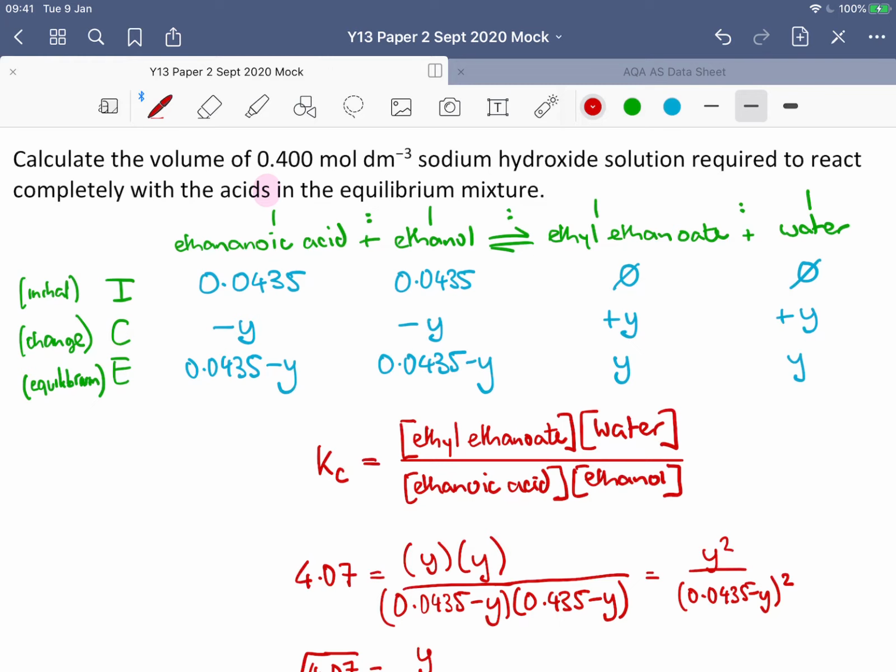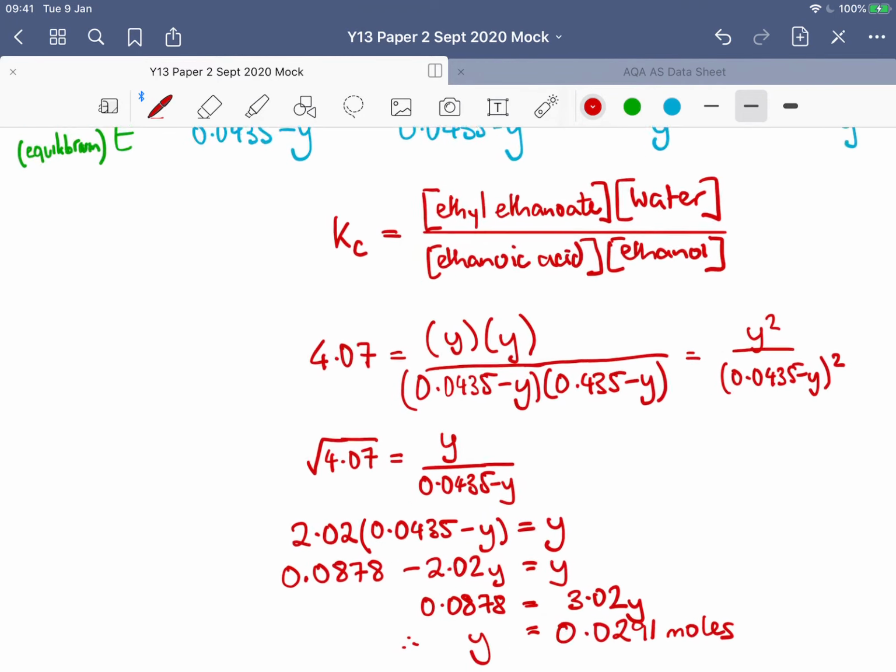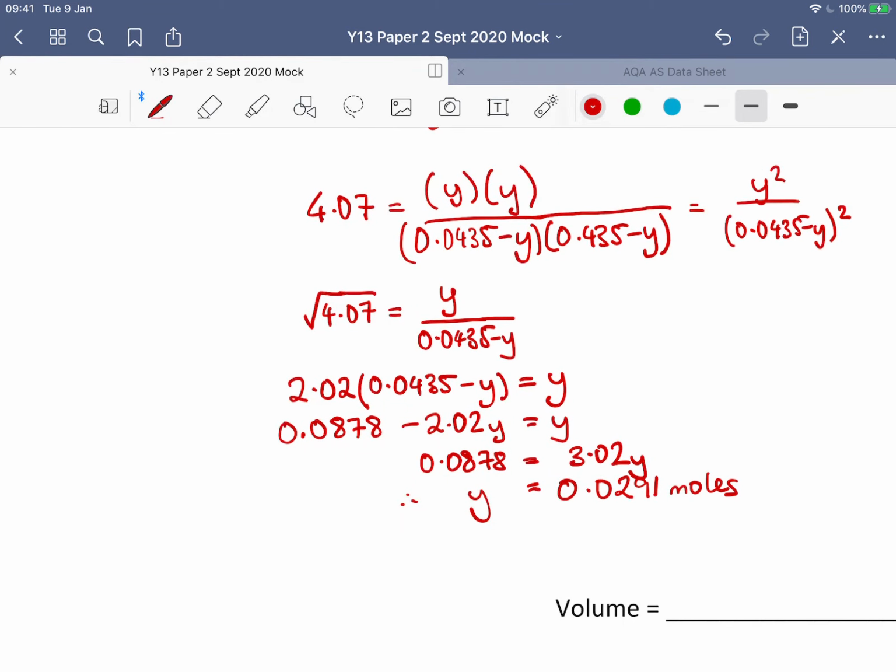So in the equilibrium mixture, the amount of ethanoic acid is 0.0435 minus Y. So therefore, moles of ethanoic acid at equilibrium equals 0.0435 minus 0.0291.